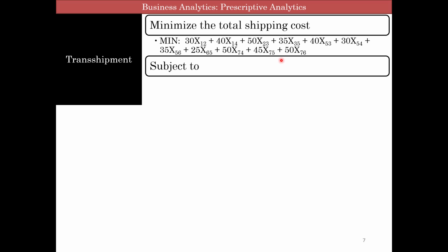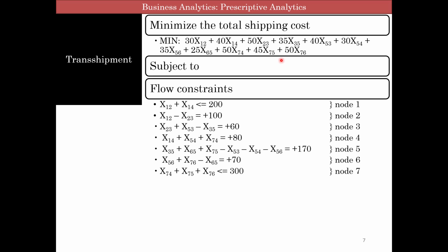Then we have to look at each node. Node 1, we are only sending things out, x12 plus x14 is less than or equal to 200. Node 2, you're receiving and sending. What you're receiving is x12, what you're sending out is x23, so this minus this, 100 remains. You have to keep 100 back.